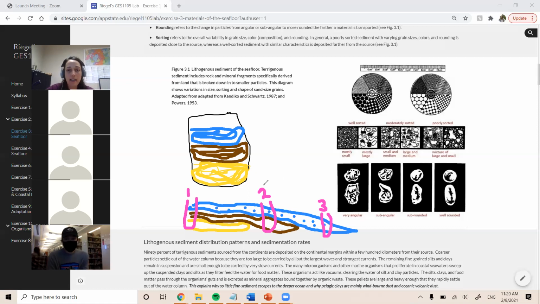What am I going to find in sample 2? What sort of material? Or how many materials? If we have 3, right? Sand, mud, and water. How many of those materials am I going to find at 2?